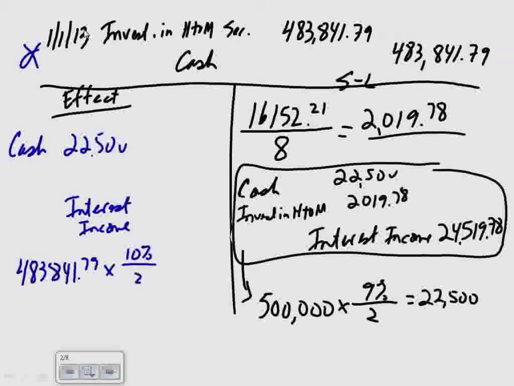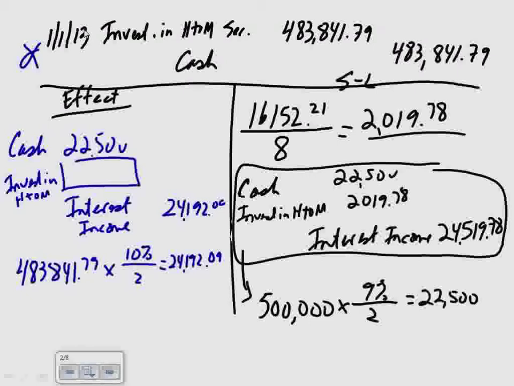And so my interest that first period is going to be $24,192.09. That means investment in held to maturity securities, this is a plug figure, is going to be $1,692.09.